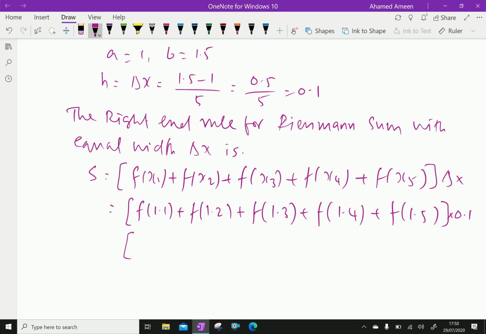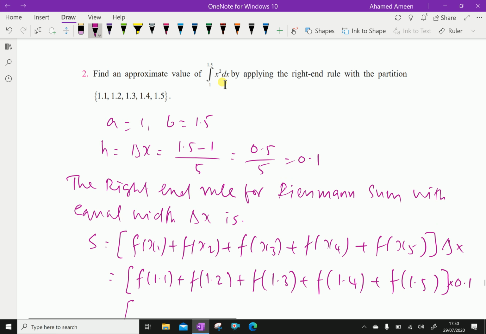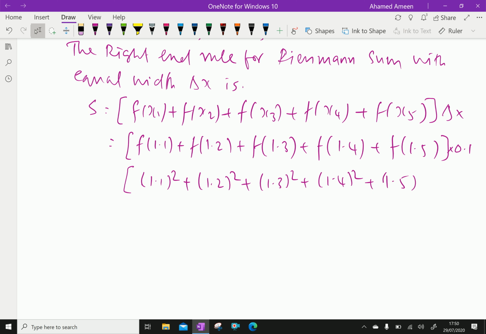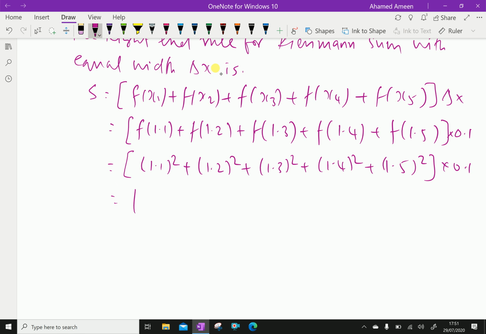Here we have the integral of x squared dx, so we use 1.1 squared, 1.2 squared, 1.3 squared, 1.4 squared, 1.5 squared, multiplied by 0.1, which is 1.21, 1.44, 1.69, 1.96, 2.25, multiplied by 0.1.